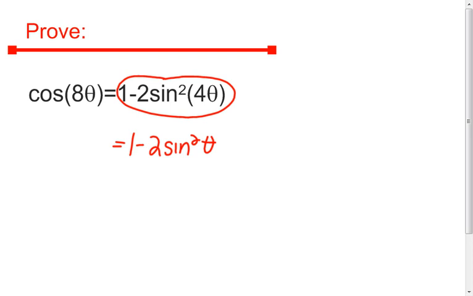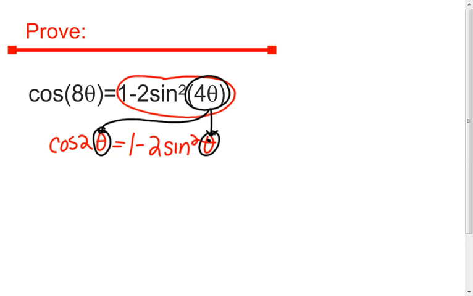And you don't even need to write the step for me, but I'm just going to do it so you can see it. And then it's cosine 2 at theta. But here's the difference. Instead of theta being right here, it's 4 theta. So I need to take 4 theta and think about if this was 4 theta right here, I would also have to put 4 theta right there.